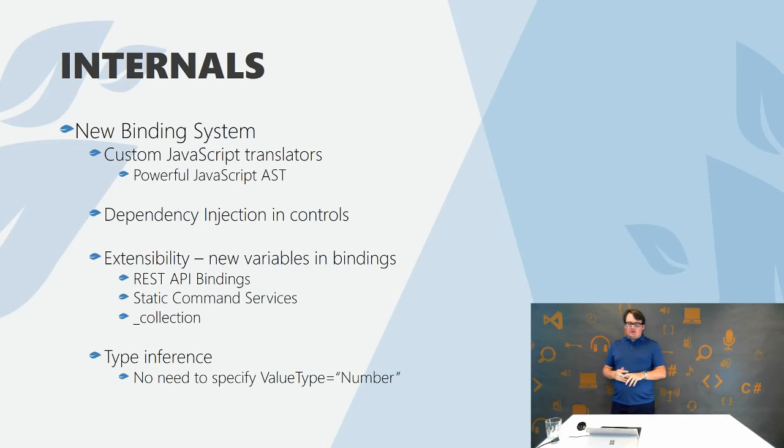So if, for example, you are using the text box with datetime or integer values in .vvm 1.1, you had to specify value type equals number or value type equals datetime. Now it's not necessary, because we can figure out the type of the binding by ourselves. And there are a lot of new usages of this mechanism. So that's also a benefit of the new binding system.